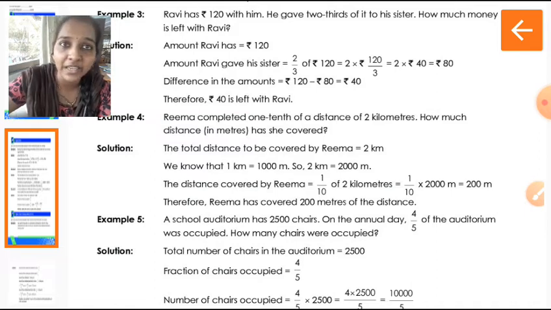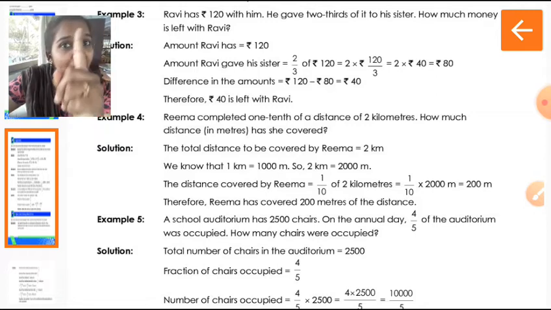So 1/10 of 2 kilometers, you can write 1 by 10 of 2 kilometers. 2 kilometers is equal to how many meters? We know 1 kilometer is equal to 1000 meters. So 2 kilometers is 2000 meters.